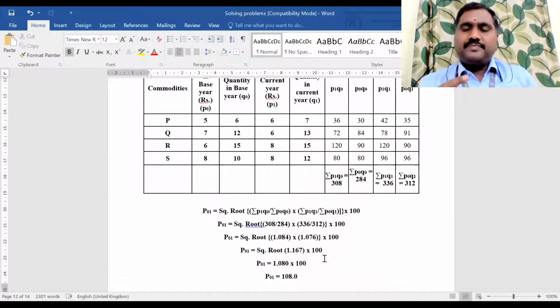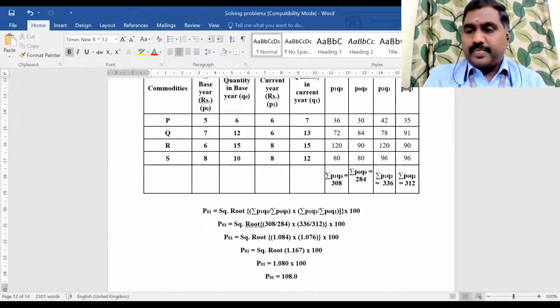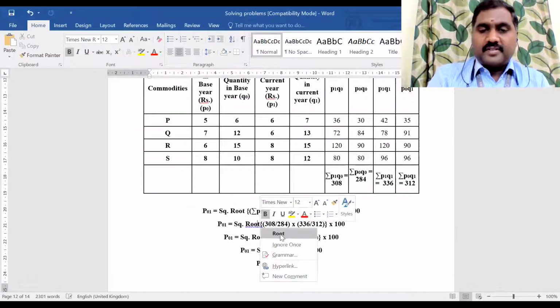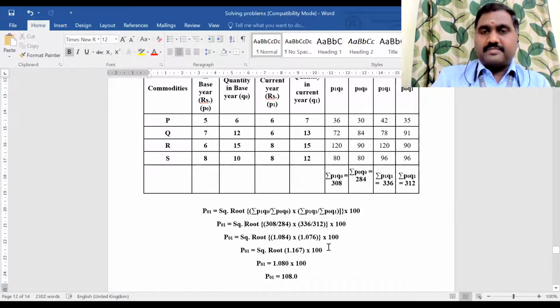Next, they are asking you to prove the time reversal test and factor reversal test. I think you copied this. Did you copy this calculation? If you copied, we will move on to the next step.